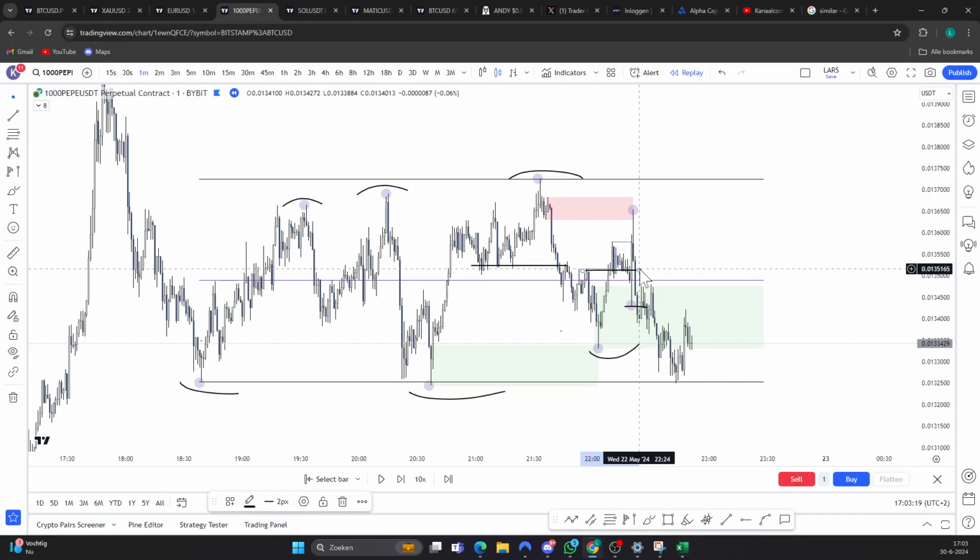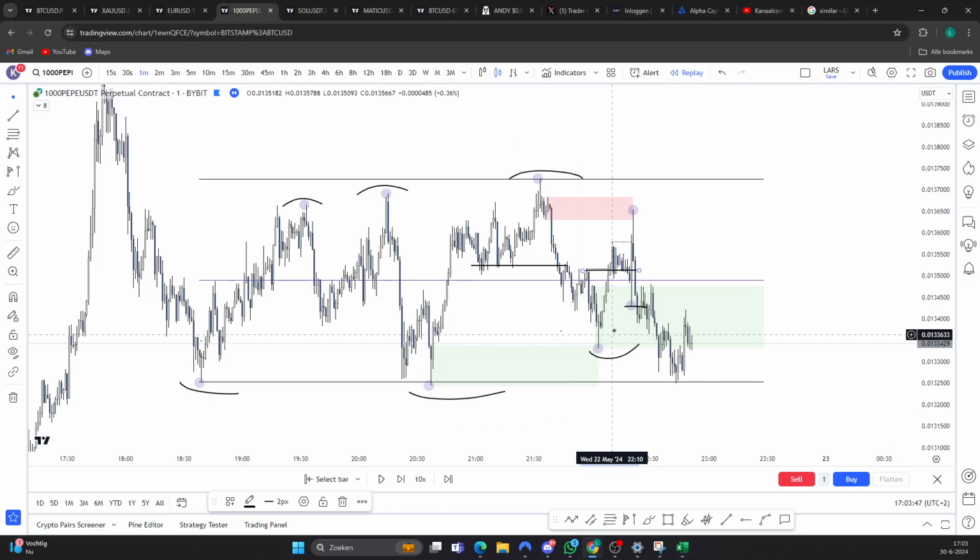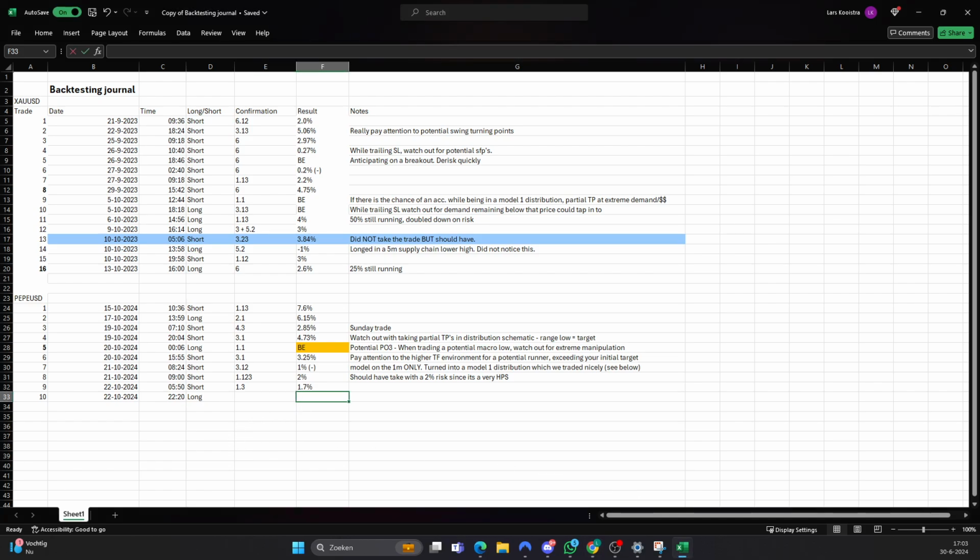What was the date? 2220. Damn, only 20s. 2210. The first long, it didn't play out. 0.3% loss.